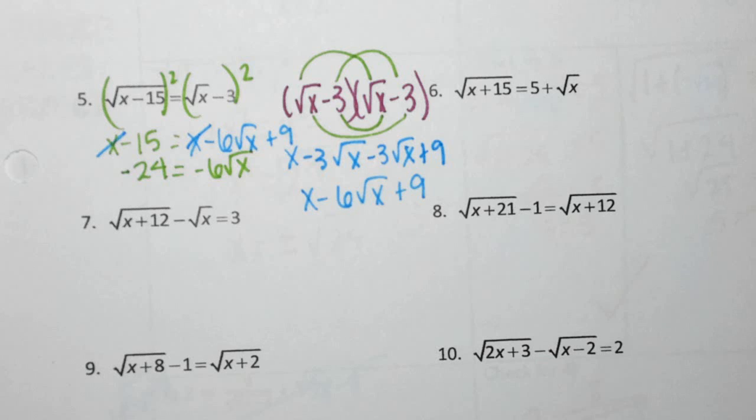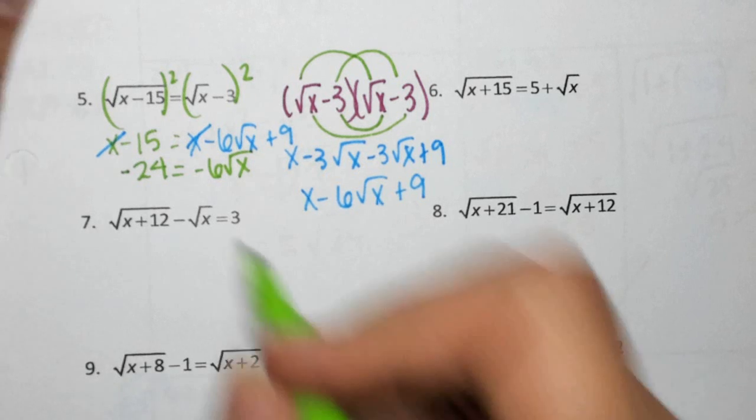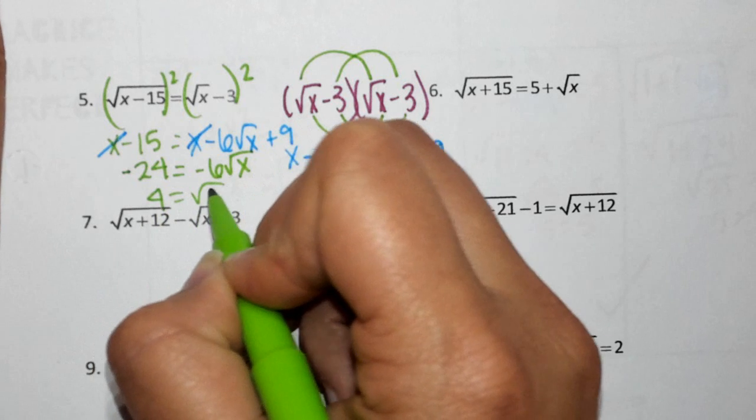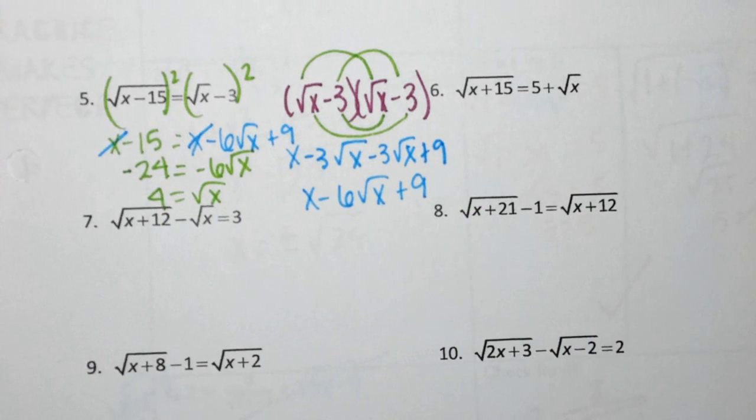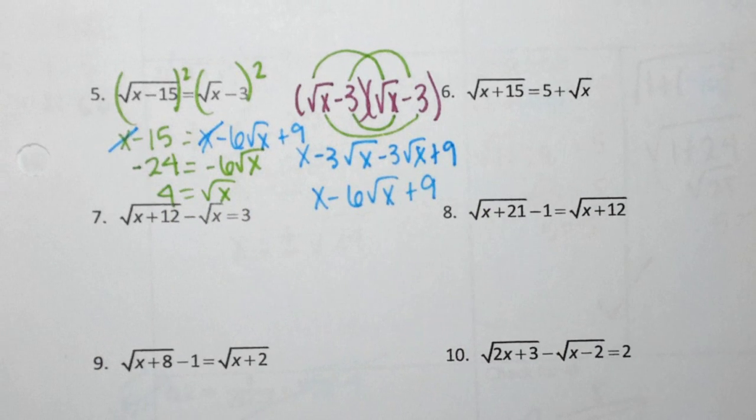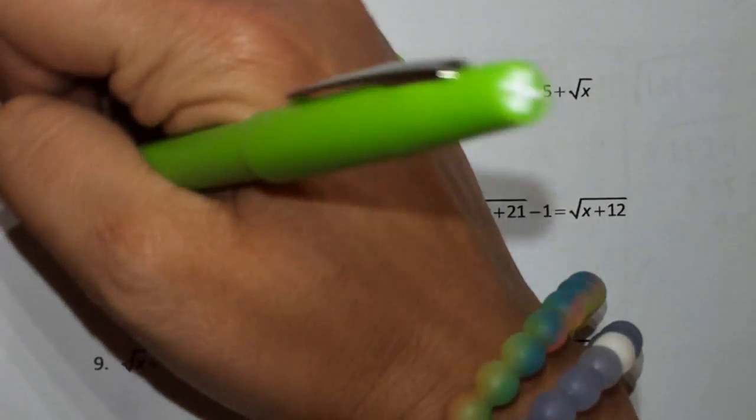Now what do I do? You divide by negative 6. So that gives me 4 is equal to the square root of x. How do I get rid of that square root? Square both sides. So what does x equal?